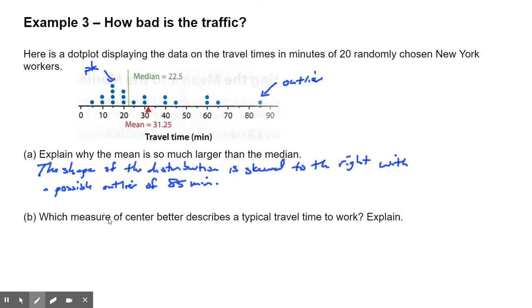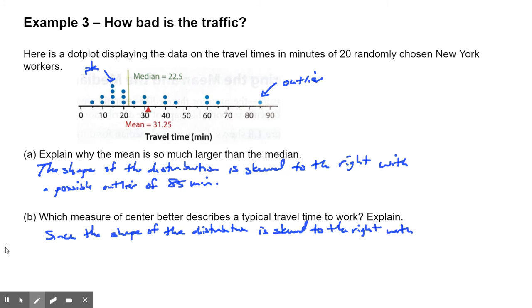So now we say, which measure of center better describes a typical travel time to work? Explain. So these two answers are going to be kind of the same. So we're going to say, since the shape of the distribution is skewed to the right, that's my word, skewed to the right, with a possible outlier.